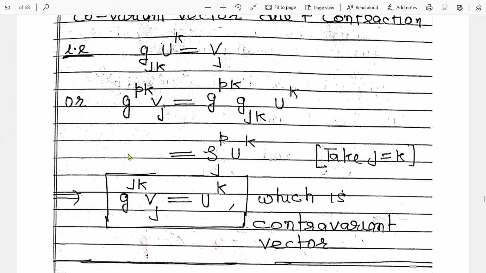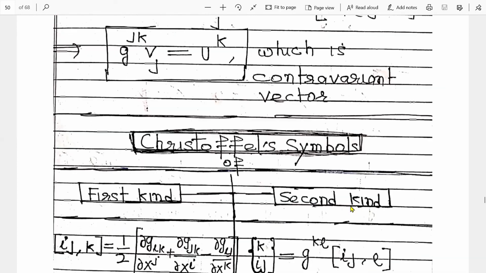When we take j equal to p in this equation, this will become 1. Then it will become U^k, and this will become G^jk. This p is converted into j, k is k, and this is V_j. So this is a contravariant vector. So that is our result.